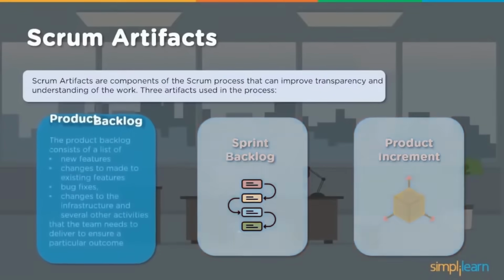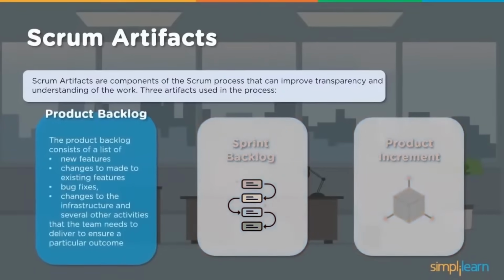When I say product backlog, it consists of a list of new features, changes to be made to existing features, bug fixes, changes to the infrastructure and several other activities that the team needs to deliver to ensure a particular outcome. So this list comes with the required features and functionalities that need to be delivered.